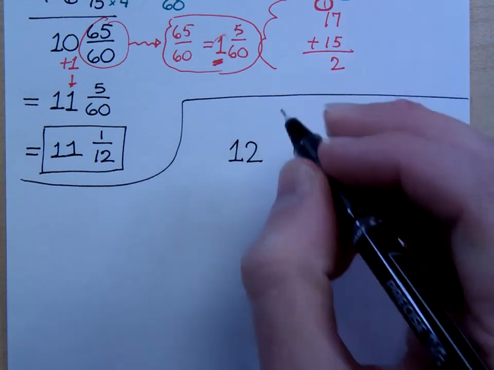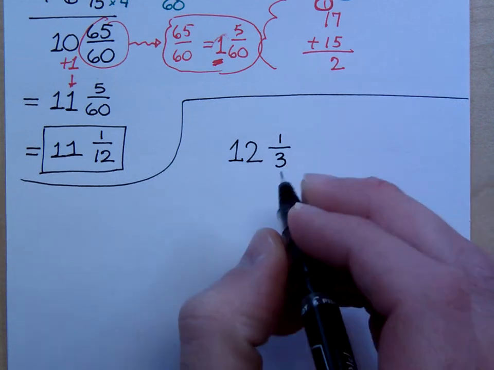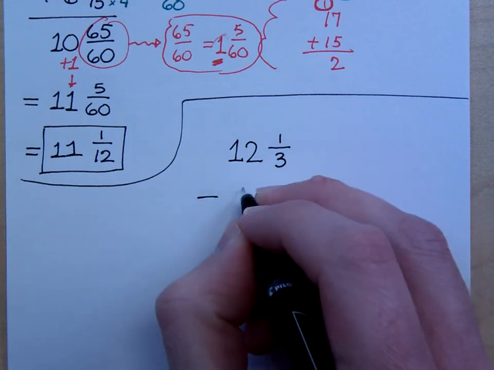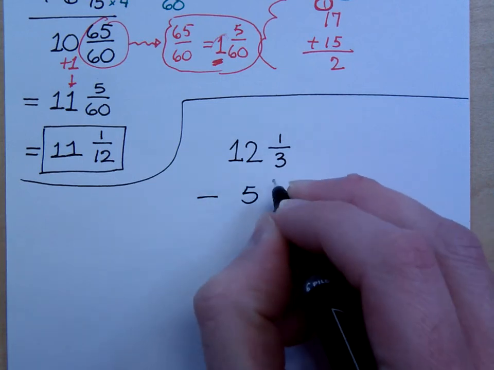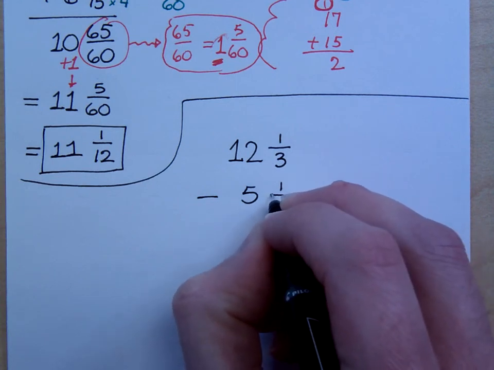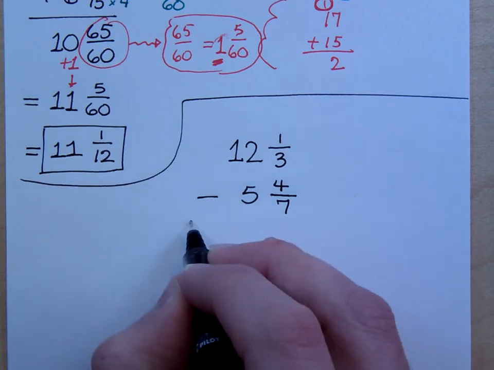If I have 12 and a third minus, let's say, 5 and 4/7.